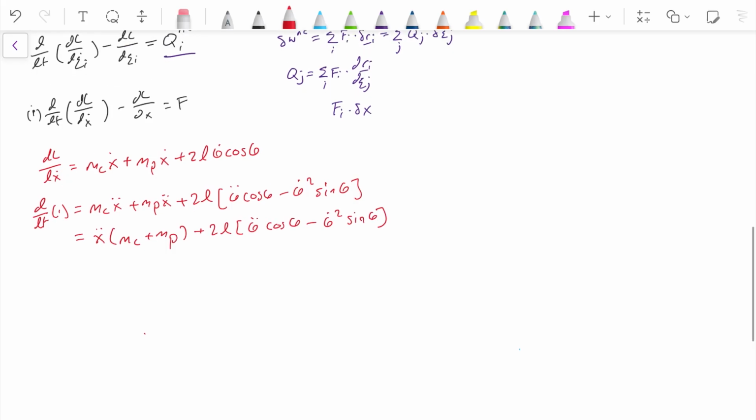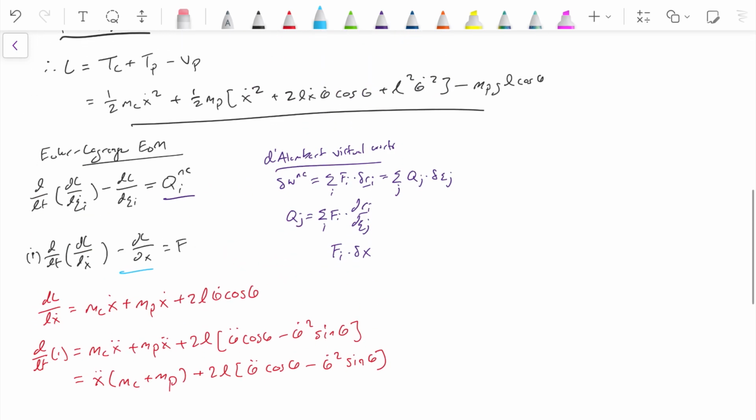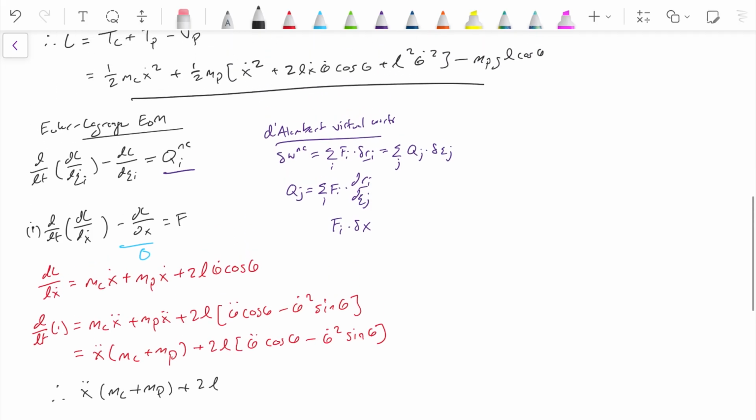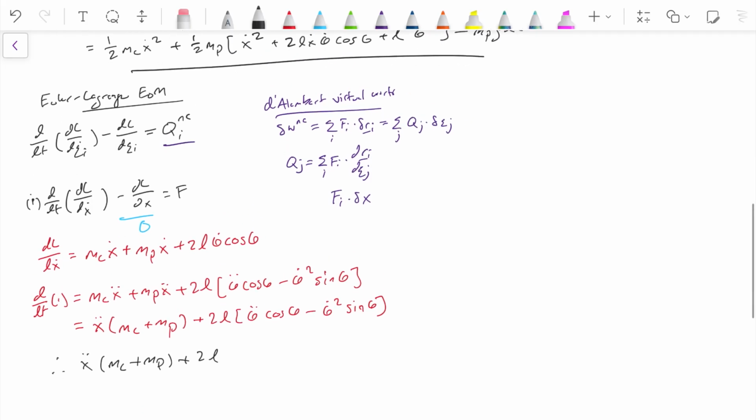Okay, and then this last term that's hanging out here, partial L with respect to X, we don't have any X, so that term is actually 0. So our full equation here for the first one is X double dot MC plus MP plus 2L... Did I forget... yeah, shoot, I did. Sorry.